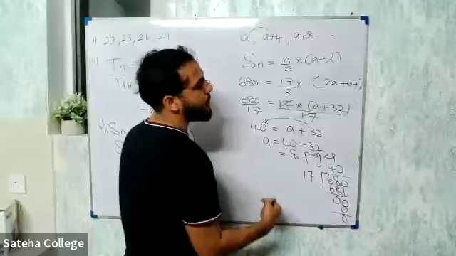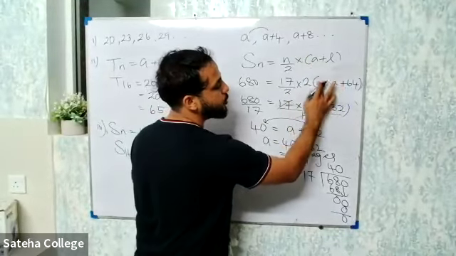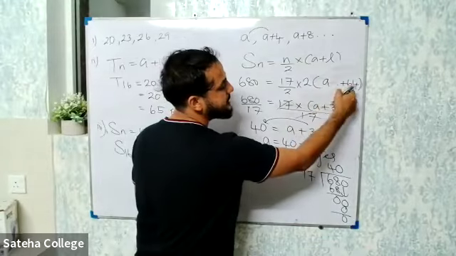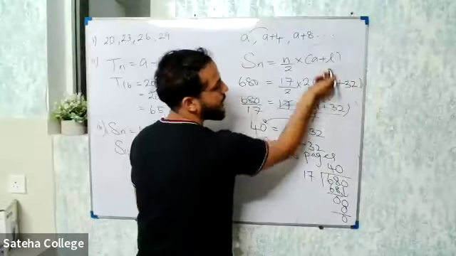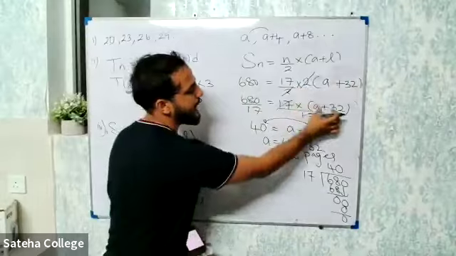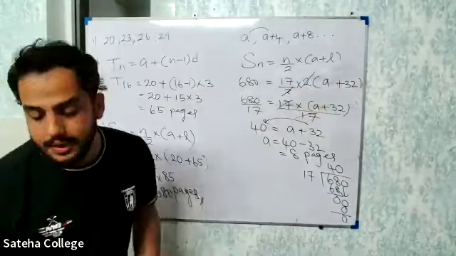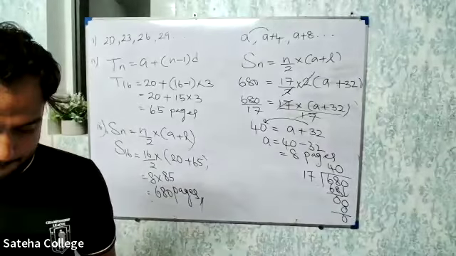I took 2 as the common term. If I take 2 outside, I can cut this 2, and 64 divided by 2 is 32. So I take 2 as common, then cut this 2 and 2. Now what do I have? 17 into A plus 32. Is that clear? Yes, sir.